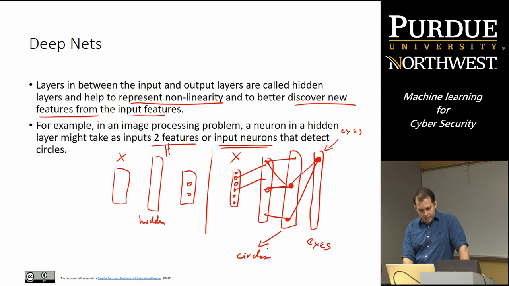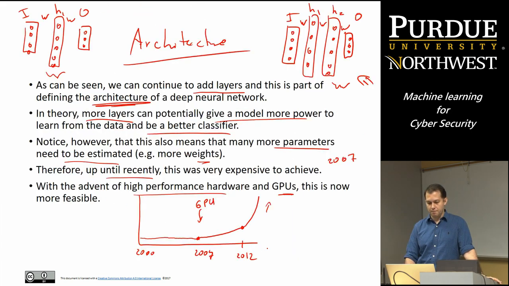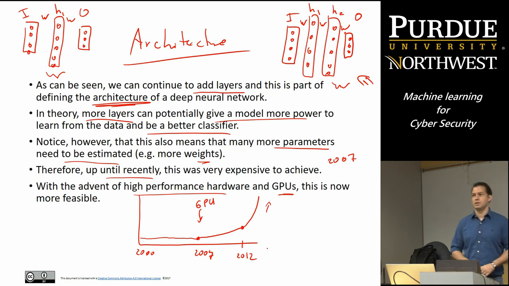Okay, so deep nets: layers in between the input and output layers are called the hidden layers and help to represent nonlinearities and to better discover new features from the input features. That's kind of what I just said, in summary, in words. For example, in an image processing problem, and I've given this example quite a bit. So architecture. We can continue to add layers, and this is part of defining the architecture of the deep neural net.